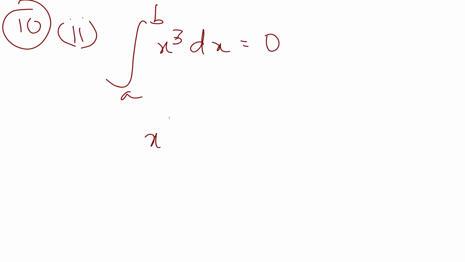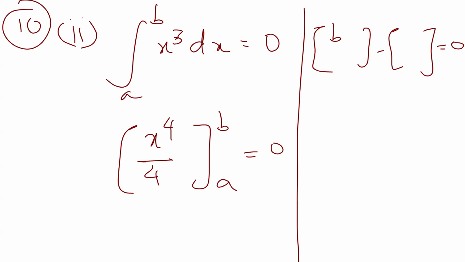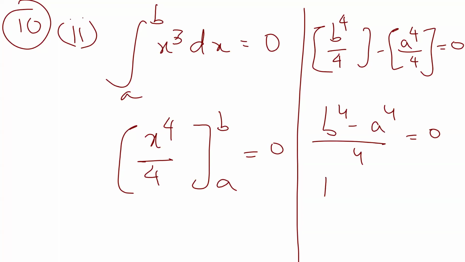So x raised to 4 upon 4 from a to b is equal to 0. Upper limit and then lower limit. So b to the fourth minus a to the fourth, over 4, equal to 0.